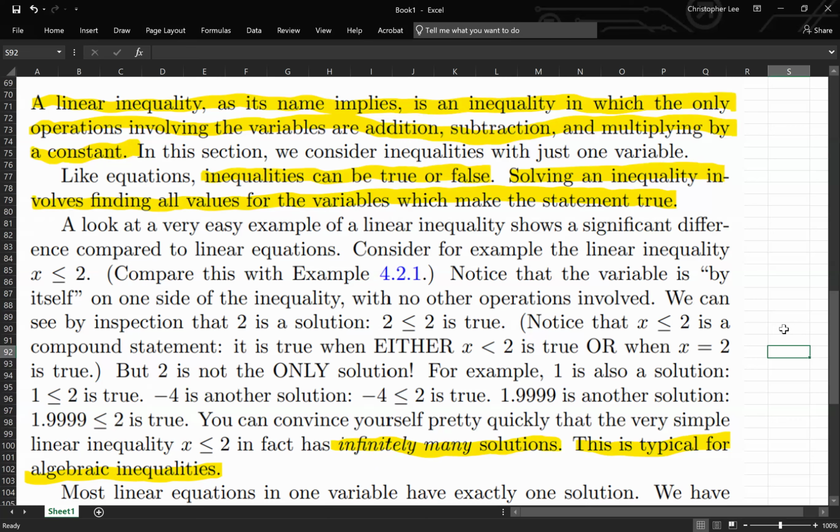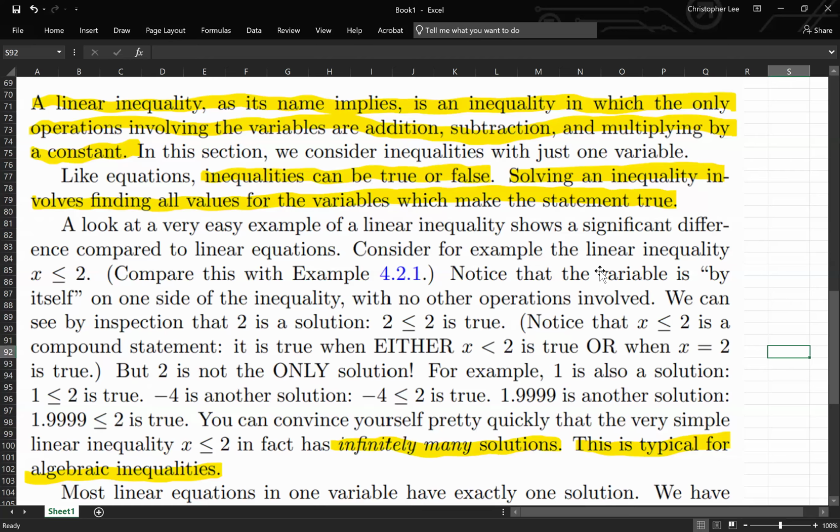A look at a very easy example of a linear inequality shows a significant difference compared to linear equations. Consider, for example, the linear inequality x is less than or equal to 2. Notice that the variable is by itself on one side of the inequality with no other operation involved.